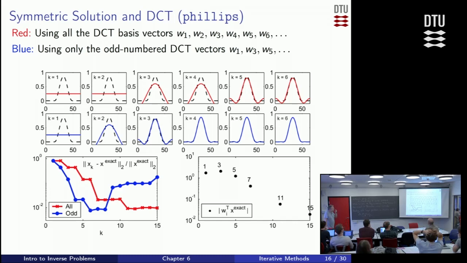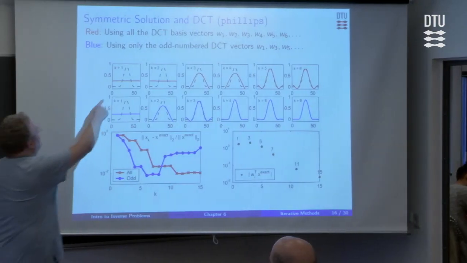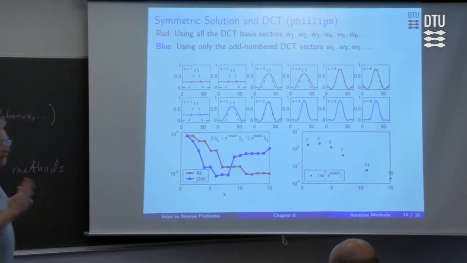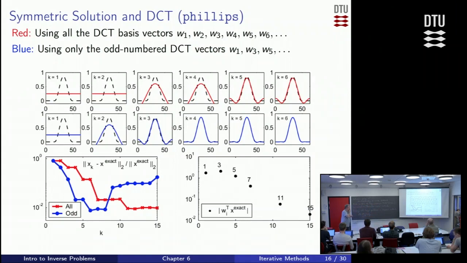I'm still using the cosine basis, and I'm doing all my computations by means of the DCT and the inverse DCT. But now my test problem is Phillips, also from the regularization tools package, and that solution there, that's the black dashed line. Well, that solution happens to be symmetric around the midpoint. Right, it's a symmetric bump right there. So that gives a hint of something we can do.